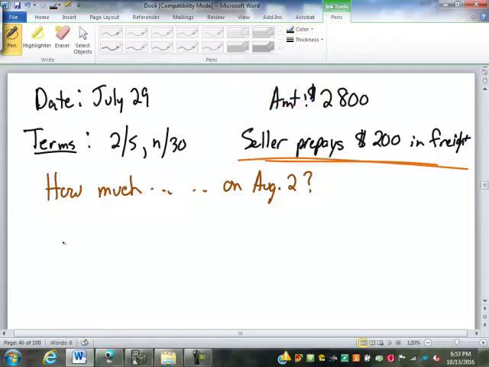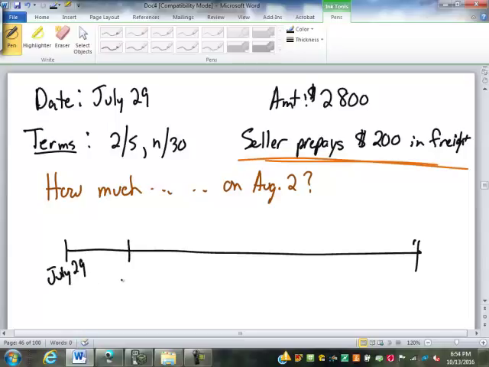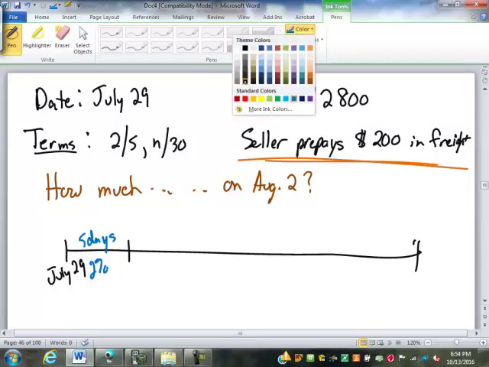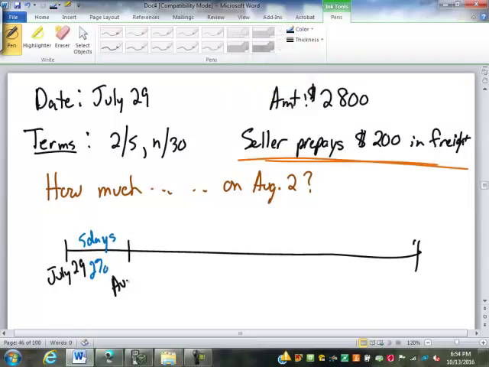So do our timeline. This is July 29th. How many days is my discount period this time? 5 days for that 2% discount. So that's going to end on August 3rd.